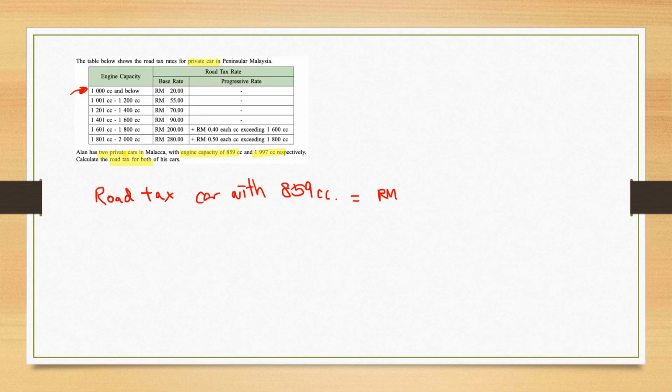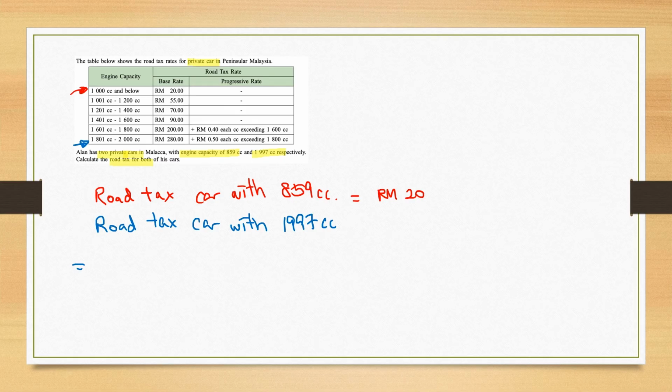Simple as that. Road tax for a car with 1997cc. Now it will be within this particular range. Usually, anything beyond 1600cc, there will be an additional progressive rate.